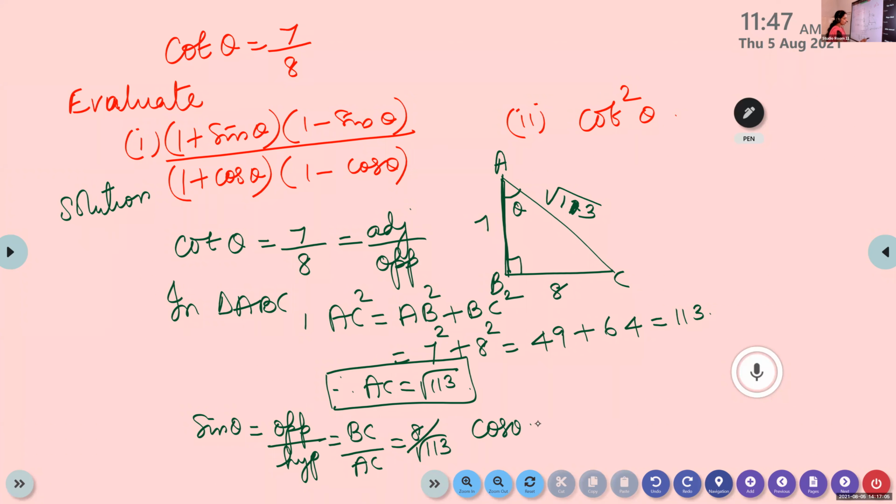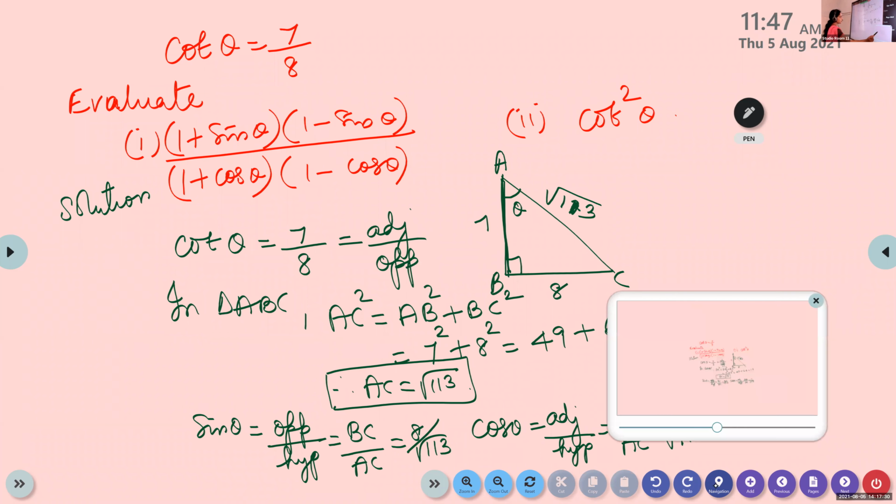Similarly, cos theta is adjacent by hypotenuse, so AB by AC, which is 7 by root 113.